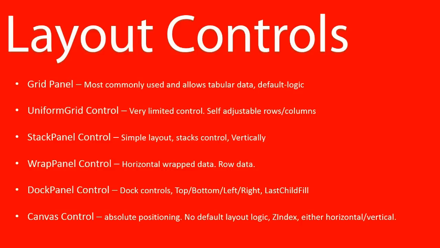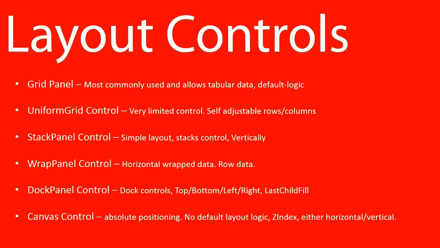The next one is the wrap panel control. This is a similar control to the stack panel, but it wraps data horizontally. That means it arranges its content in a horizontal wrap. The next one is the dock panel. You must have seen controls placed at the lower left corner or upper right corner or anywhere on the corners and all that kind of stuff.